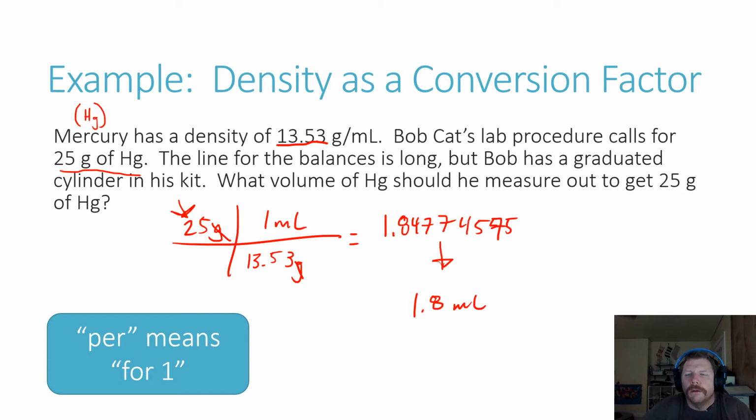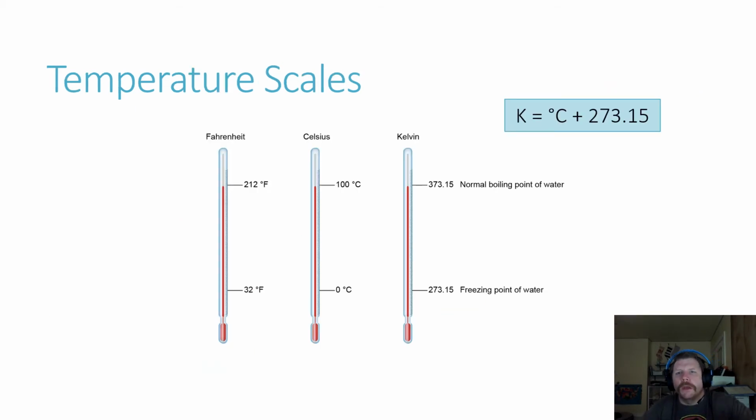Now play around with that sort of formula, and you'll be very successful with density calculations. The same can be done if you're trying to figure out what mass you have if you are specifying a volume.